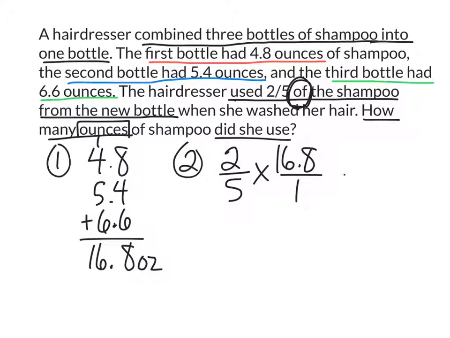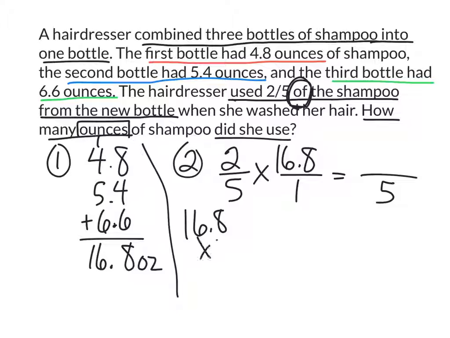It's actually really a lot more work than what we would probably have to do. I'm just going to keep it as a decimal because that's going to be less work here for us. So we'll just multiply straight across. And then divide that out.